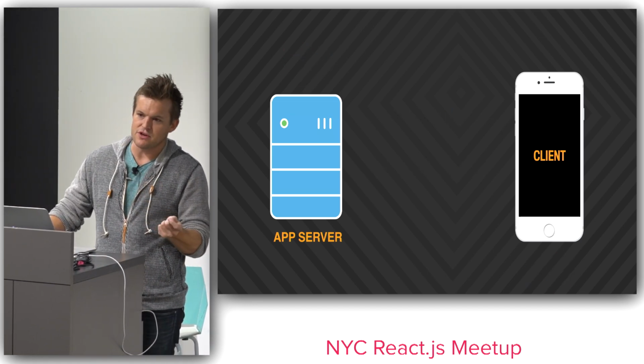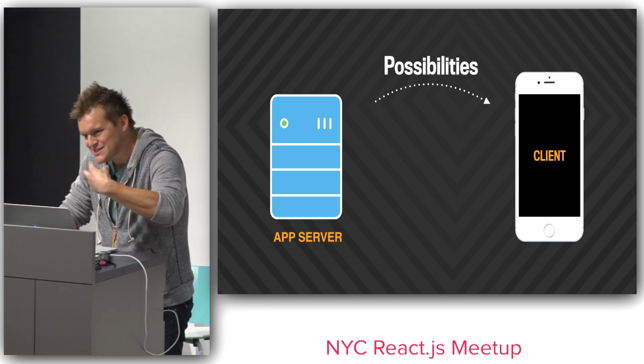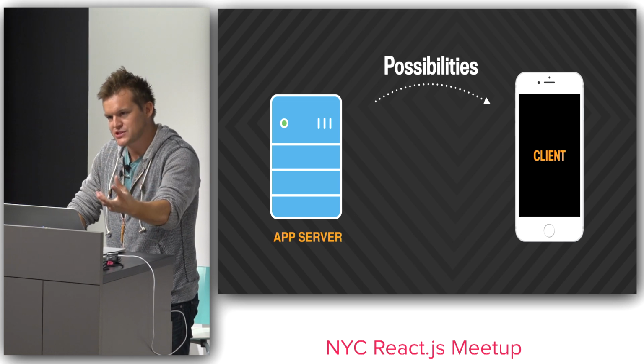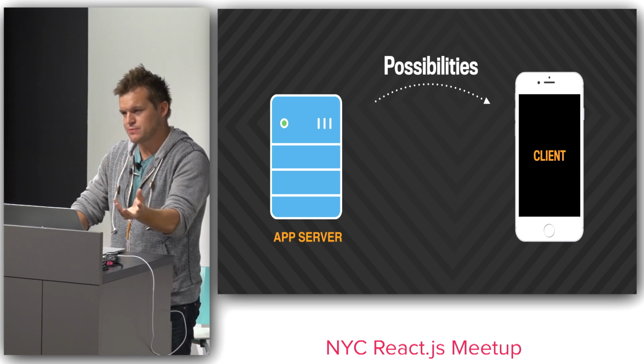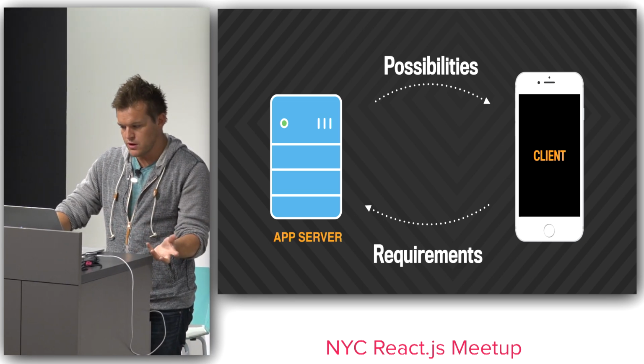So the dynamic in GraphQL is different. In GraphQL, the server expresses the possibilities of what you can possibly execute through the type system, and then the client expresses its data requirements with a GraphQL query.